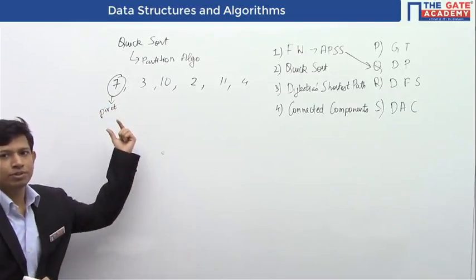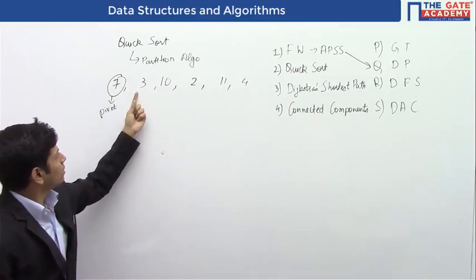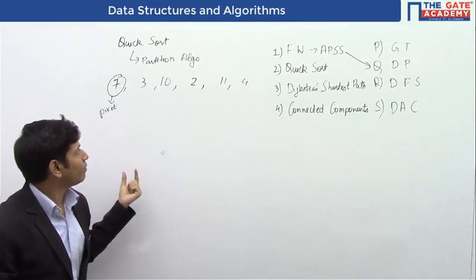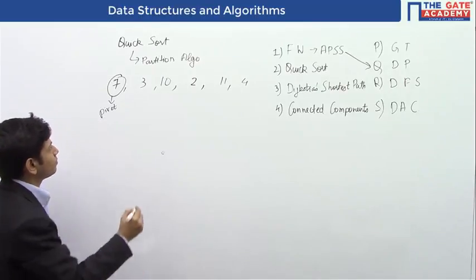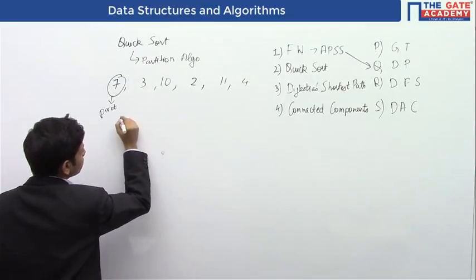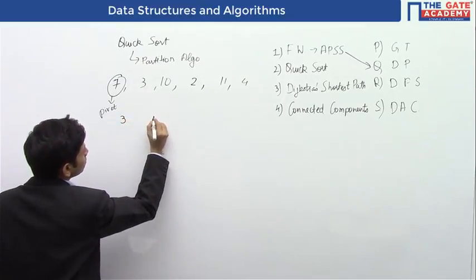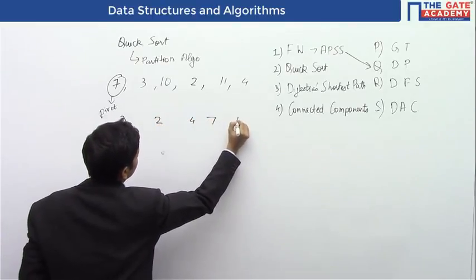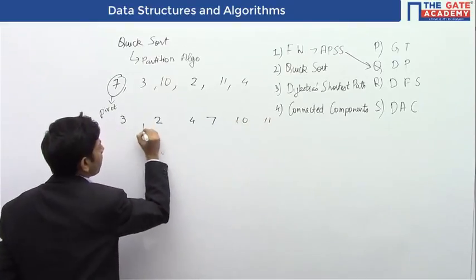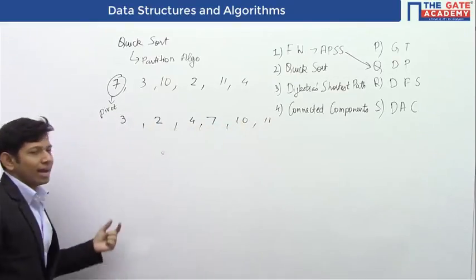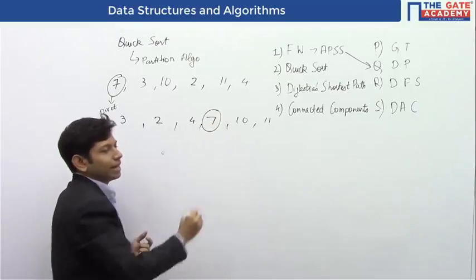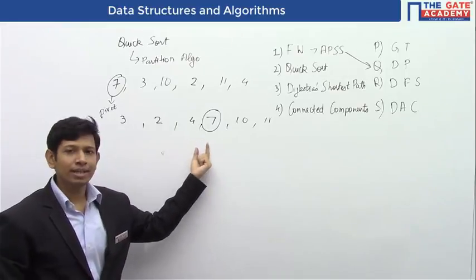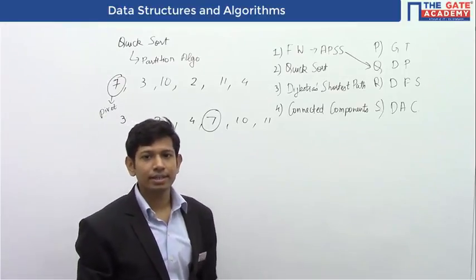So what will be the correct position of 7? Since there are 1, 2, 3 elements which are smaller than 7, 7 will come to the 4th position. So as we can see here, 7 has come to its correct position because all the elements on the left of 7 are smaller than 7 and all the elements on the right of 7 are greater than 7.